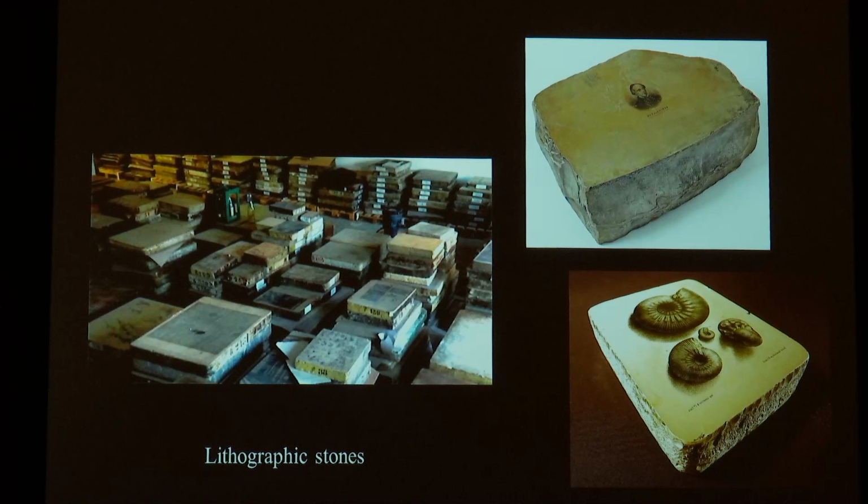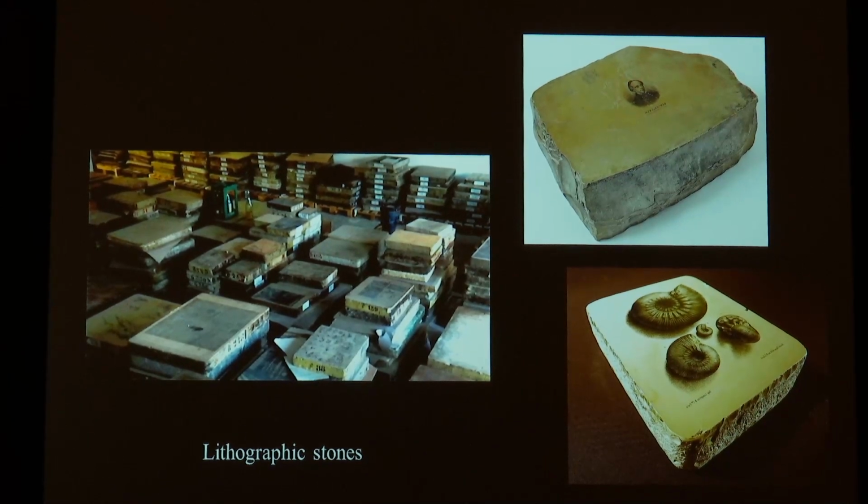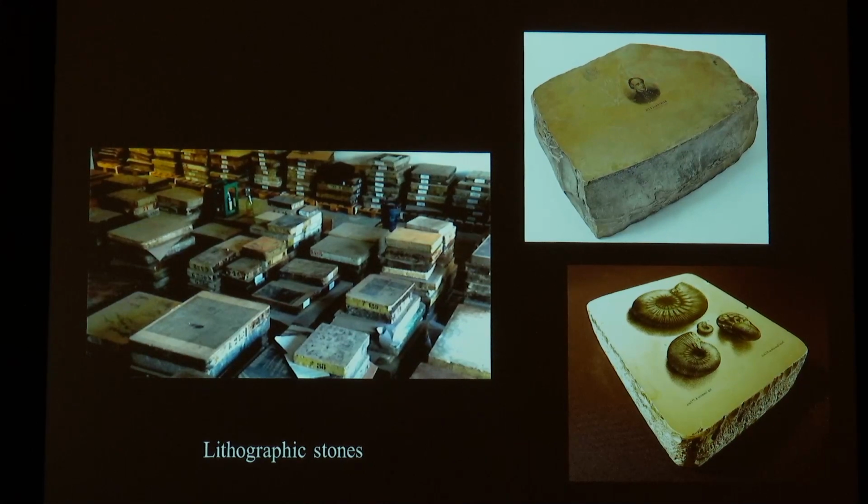In the late 18th century, because of these very same qualities, Solnhofen limestone began being used as a printing matrix, supplanting the wood blocks and copper plates that were, from the 15th century, the prevalent material means of making reproducible images.